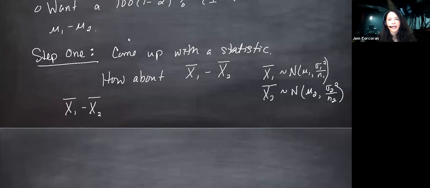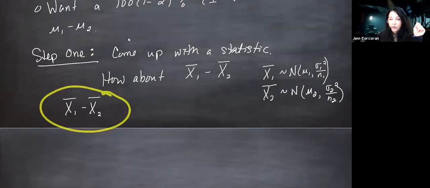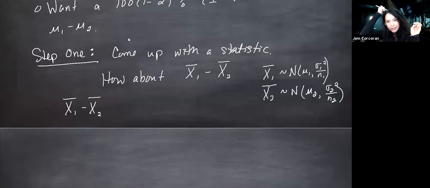quantity, x1 bar minus x2 bar, it turns out that any linear combination of normals is normal also includes dependent normals, although we haven't talked about dependent normals yet. So you don't even need independence to be able to conclude that this is normal, just for the record.